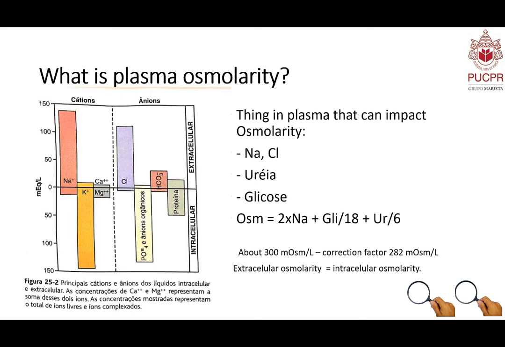You want to know how many of them are not connected to another particle. This is osmolarity. So since we measure glucose in milligrams per deciliter and not in osmoles, we have to divide it by 18 in order to correct the kind of measurement. The same thing for urea. We dose it in milligrams per deciliter, and we have to change it into osmolarity.